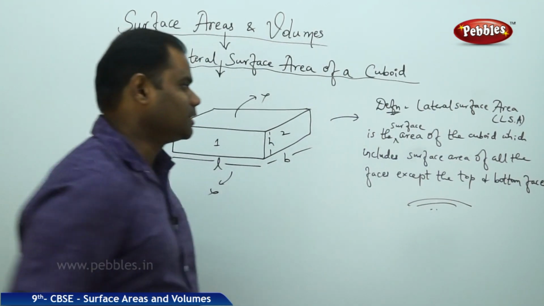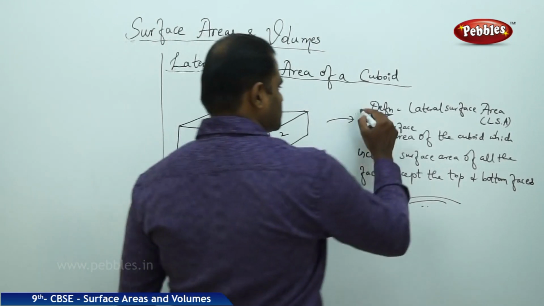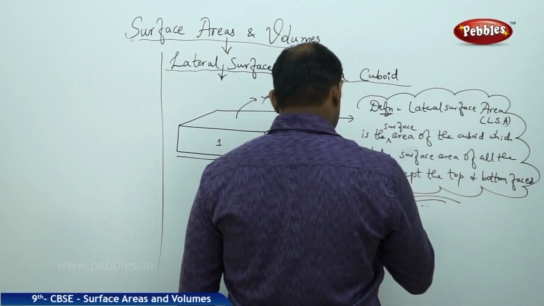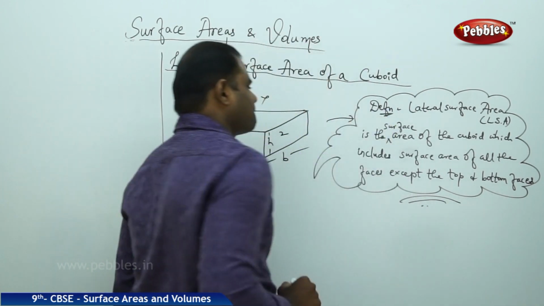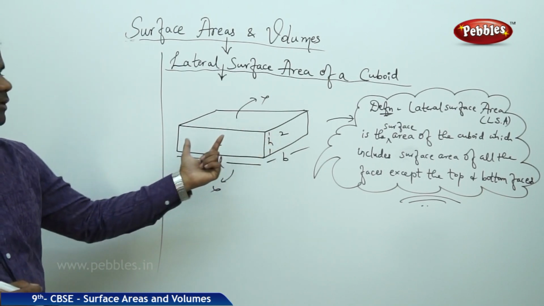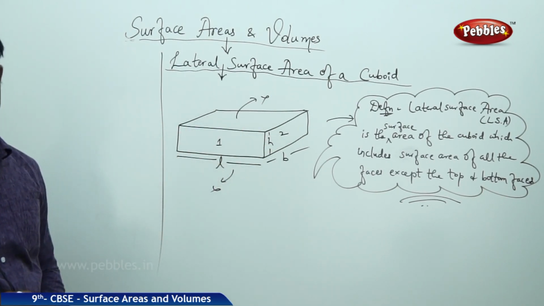That is how I understand the lateral surface area. The area of the cuboid which includes all the faces except the top and bottom.